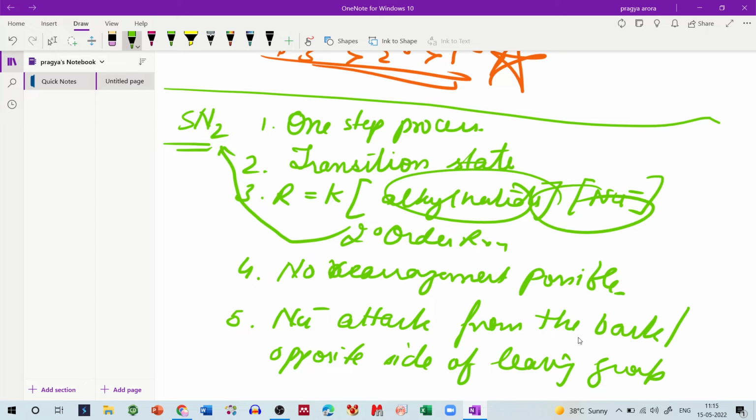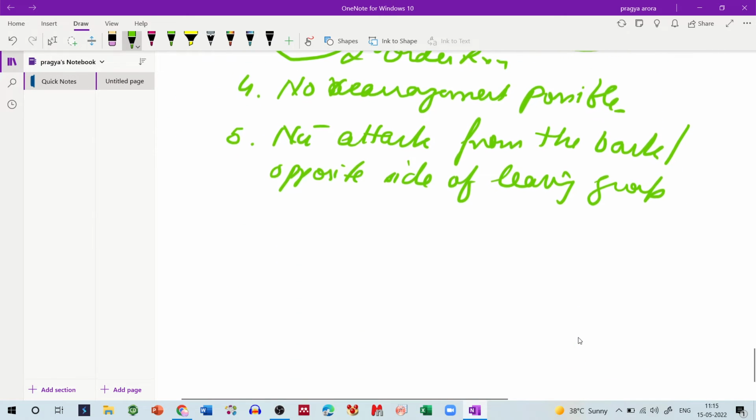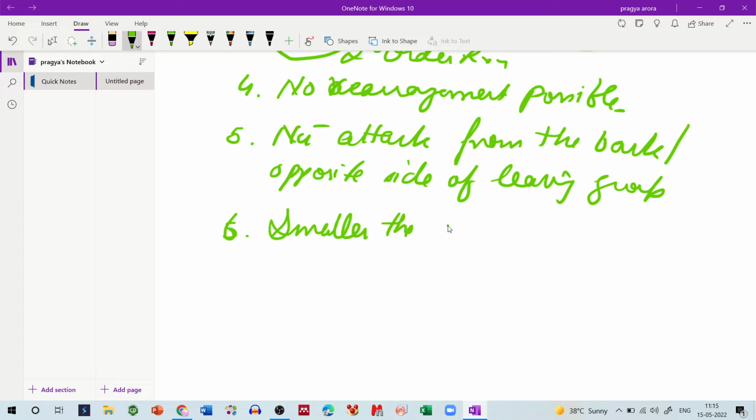So the smaller the nucleophile, the better will be the attack.